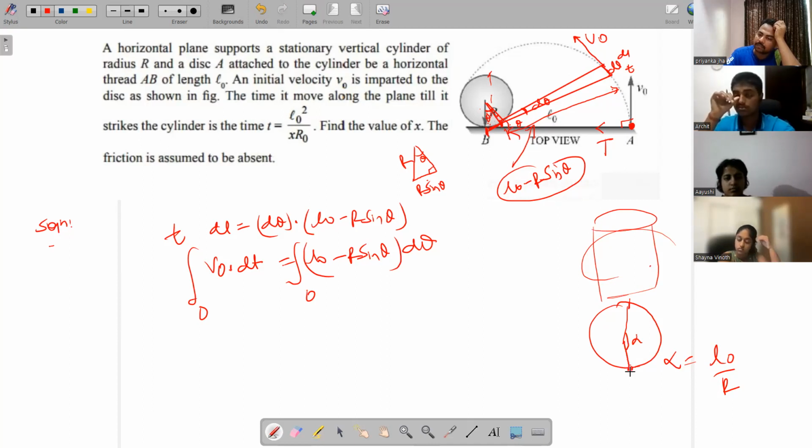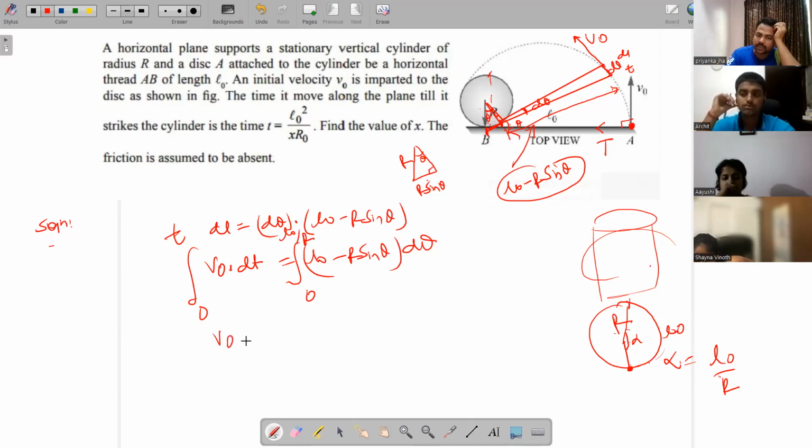Here it was connected and it will strike over here. So this distance is L naught, and this is R. So theta equals L by R, so alpha is L naught by R. So this angle will be L naught by R.